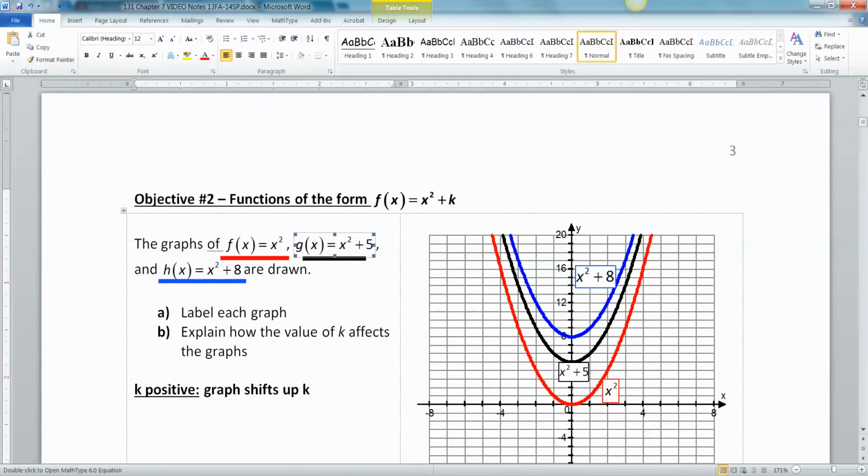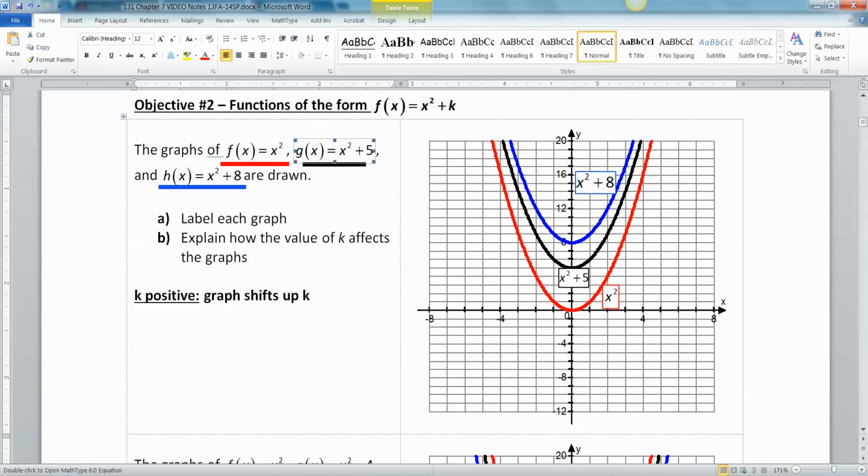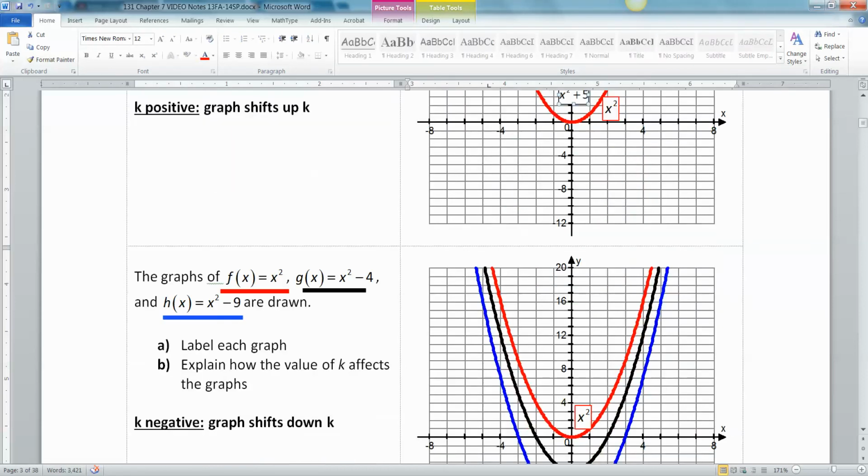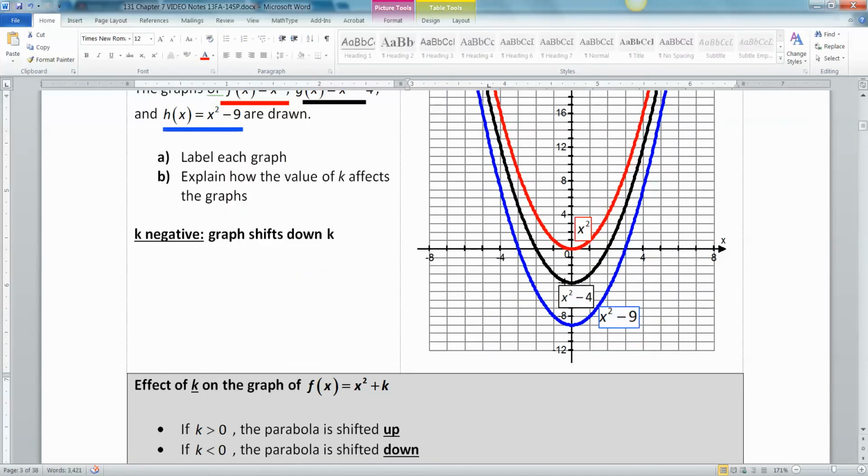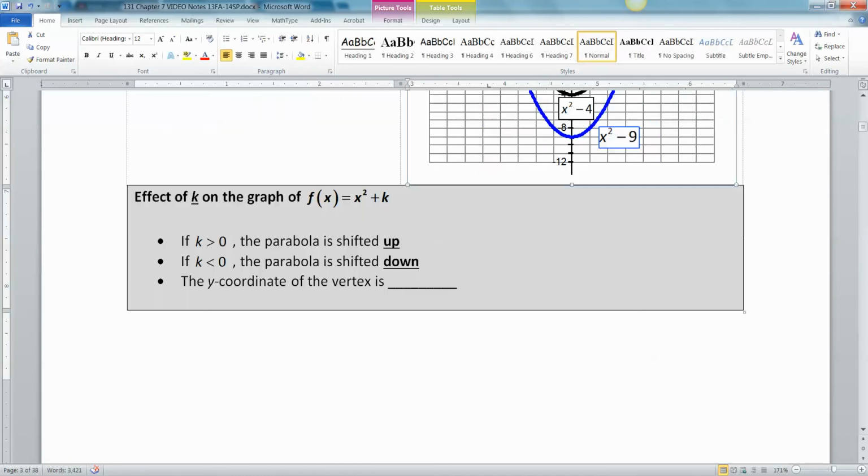But now for these ones, they're not at 0, 0. They're at 0, 0 for the red one, but 0, 5 for the black one, which you can't see. There it is. And then 0, 8 for the blue one. This one's 0, -4 for this black one, and 0, -9 for this blue one. So what are we learning? We're learning that the y-coordinate of the vertex is k. We haven't dealt with the x-coordinate yet, but the y-coordinate is k.